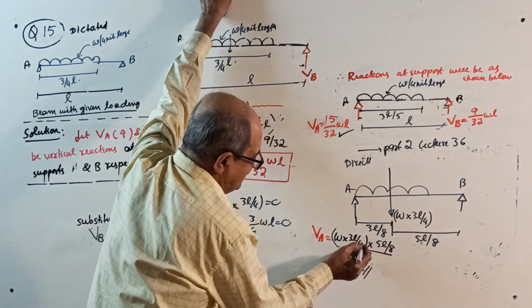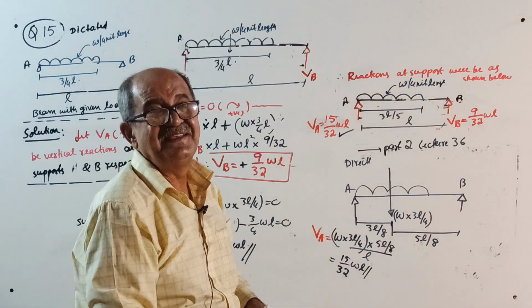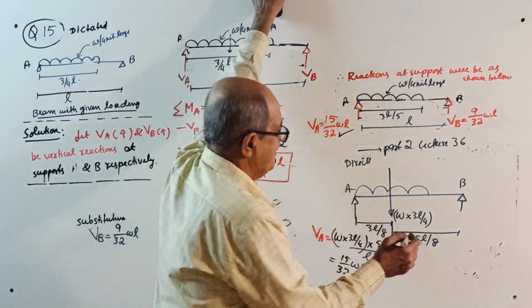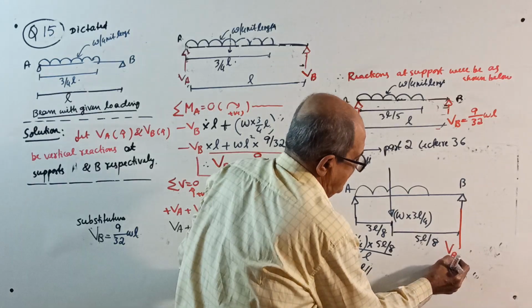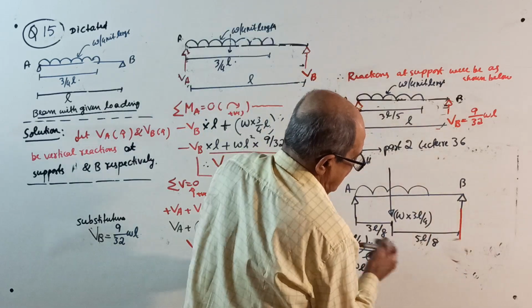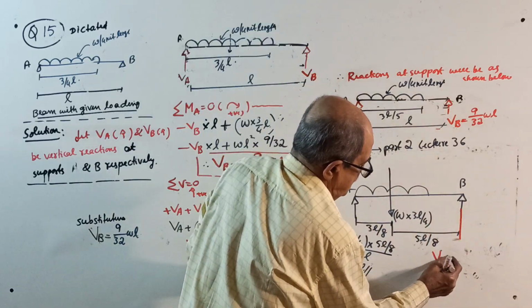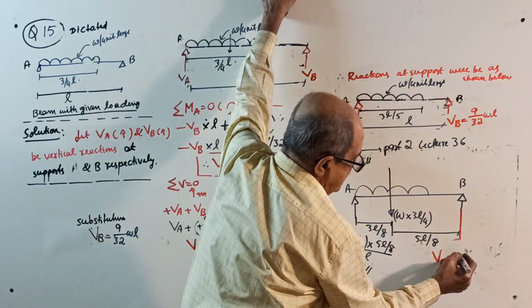See, 8 into 4, 32. I was wondering, here 32. Difference cannot come. 32. Okay, this reaction VB equal to, directly, I'll write here. Load, what is the load?